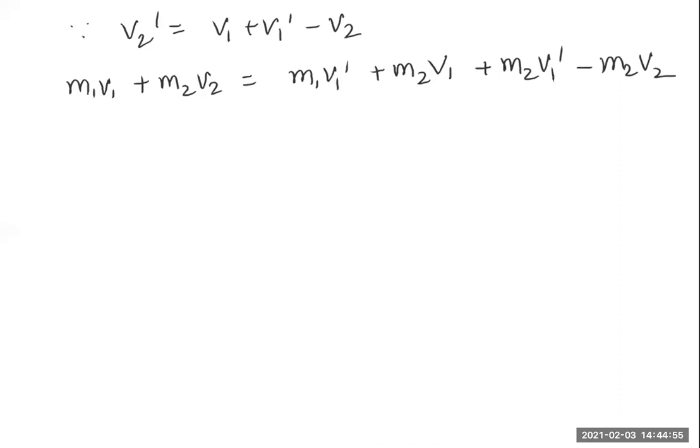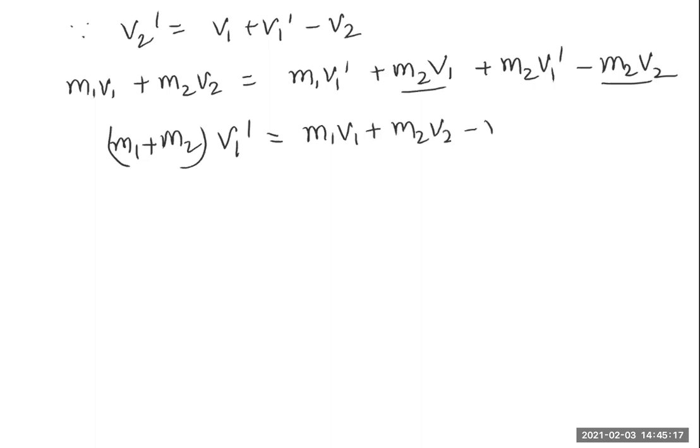Okay, I'm going to rewrite this equation as m1 plus m2 into v1 prime. इसको मैंने लेफ्ट हैंड साइड में लिख लिया, राइट हैंड साइड में क्या आने वाला है, तो ये वाला टर्म और ये वाला टर्म हम दूसरी तरफ ले जाएंगे, तो we will get m1 v1 plus m2 v2 minus m2 v1 plus m2 v2.